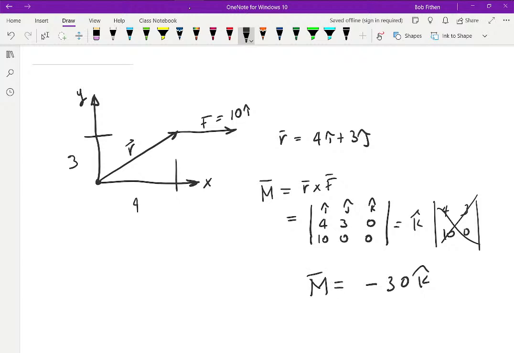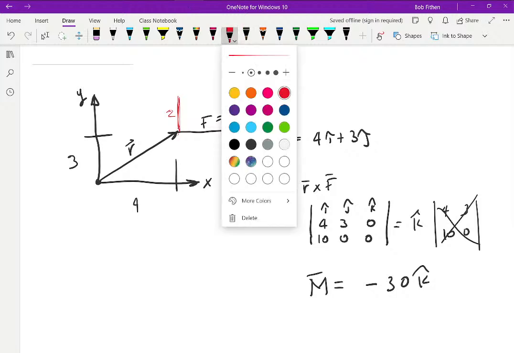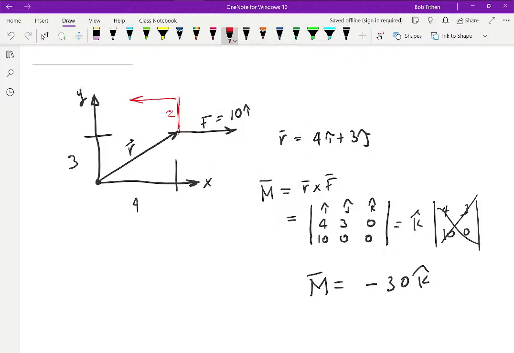Now, what I'm going to do is add something to this. I'm going to say that 2 foot up, let's say these are feet, 2 foot up, we're going to add a force that goes in the absolute opposite direction of 10.